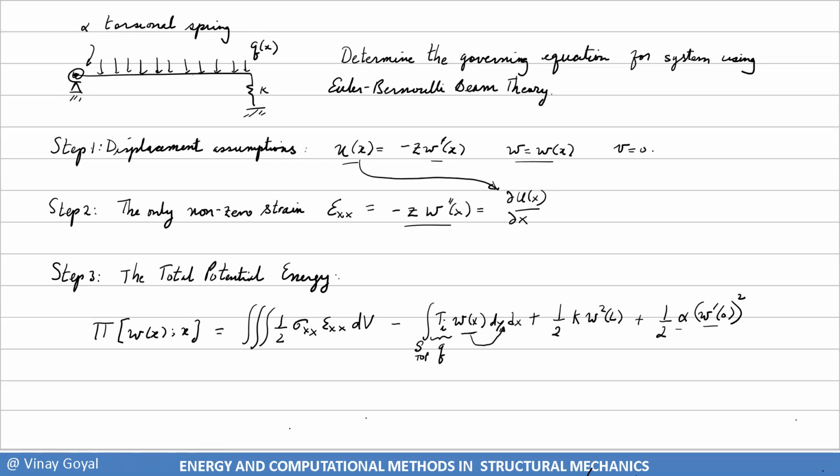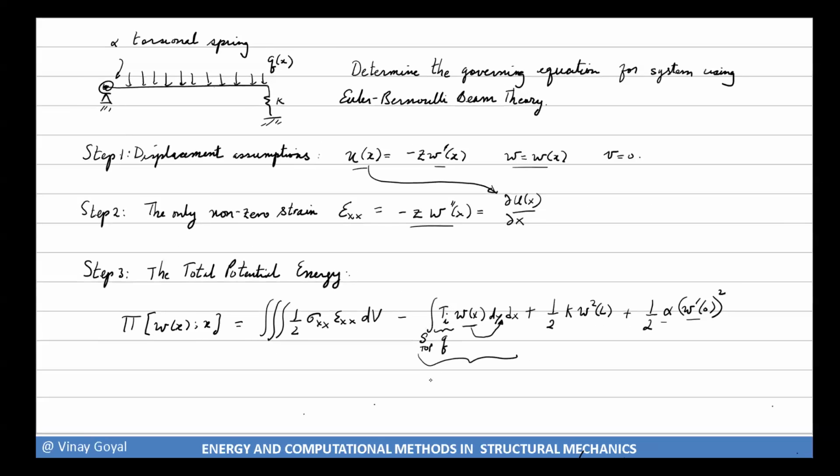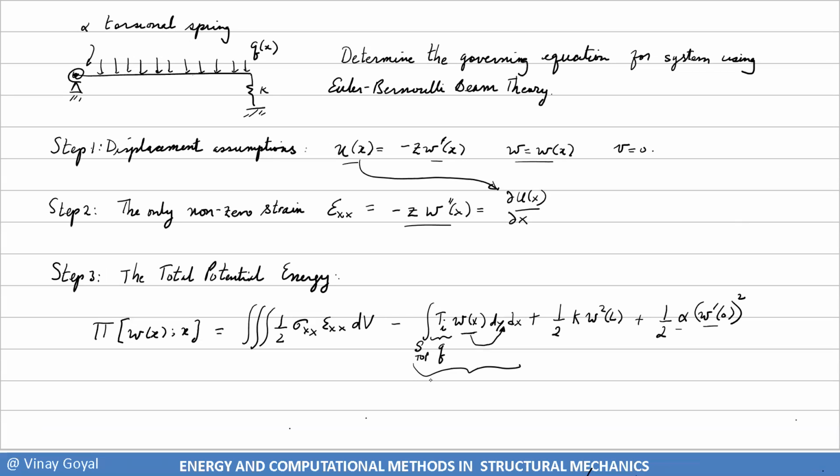So you can bring it here, and what you will get here is basically the integral from 0 to L of q bar w of x dx, especially if this length is L and I start x from here. So that's what we get.